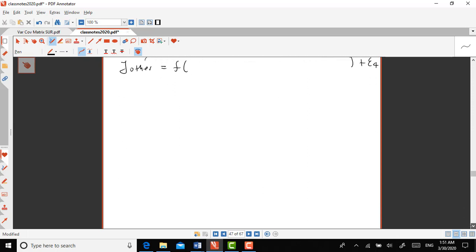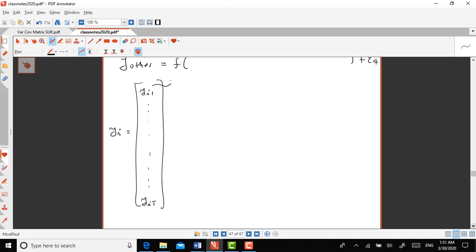Now, to denote that, let me write a little bit of notation. For each equation, we're going to have T observations.